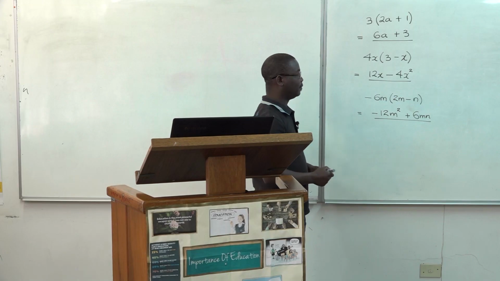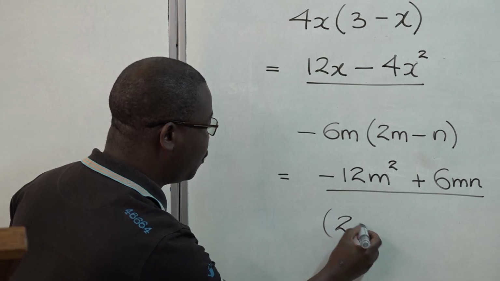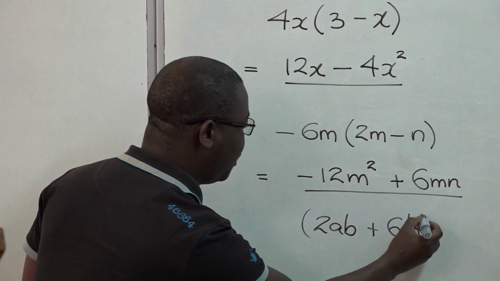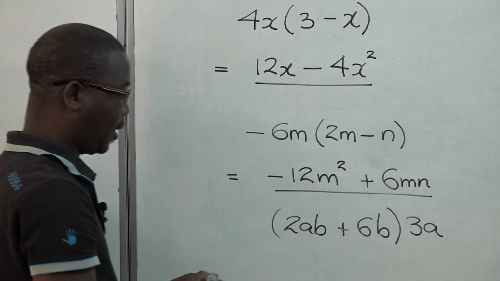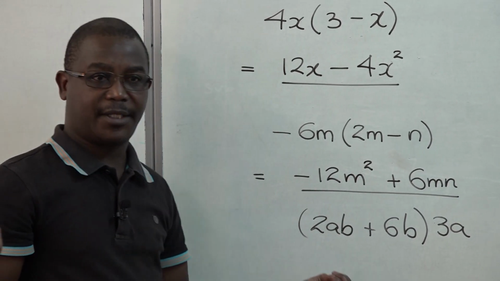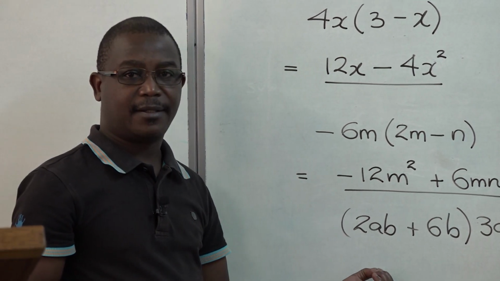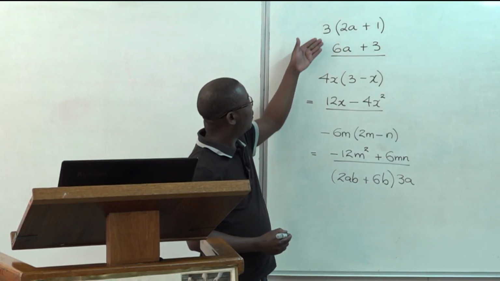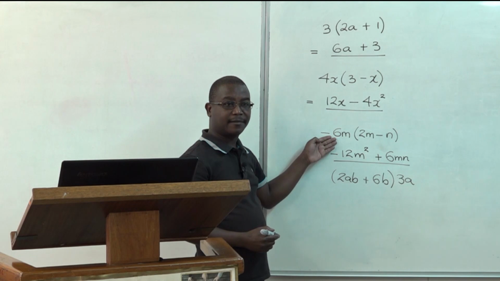Our last example is 2ab plus 6b multiplied by 3a. I put this question here because there is a tendency with students to memorize that normally our monomial is always on this side of the bracket.